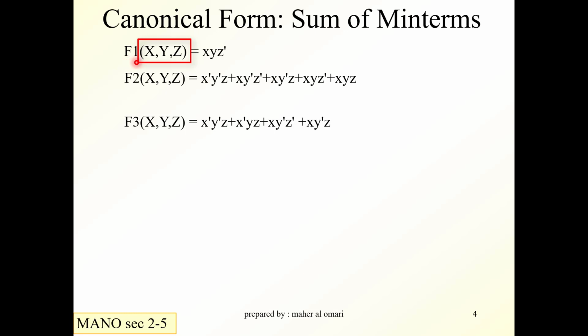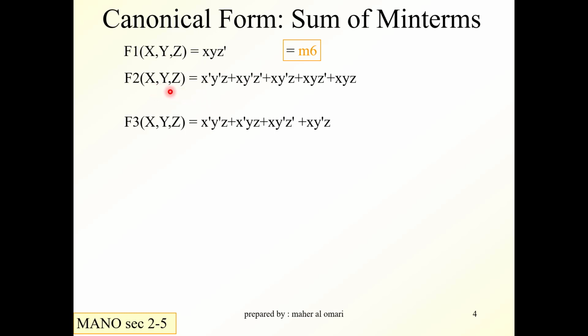So the domain of this function is x, y, z. Notice that this term is a minterm because it contains all the domain variables. And this minterm is minterm number 6. So f1 is equal to m6. We can note it as f1 equal to m6.